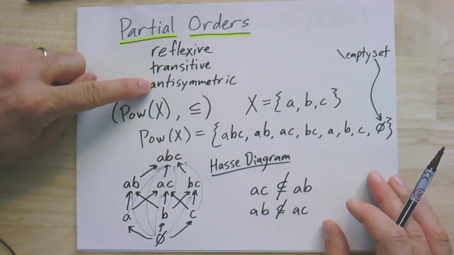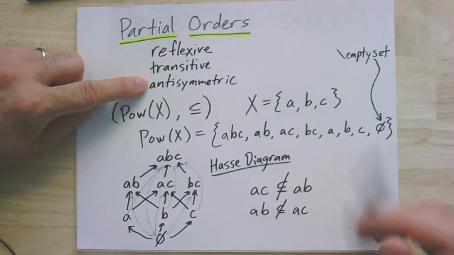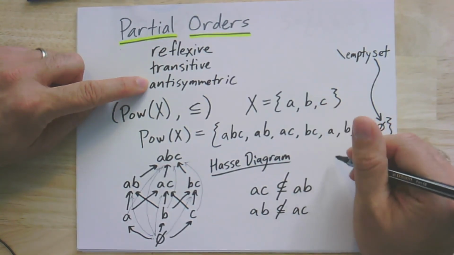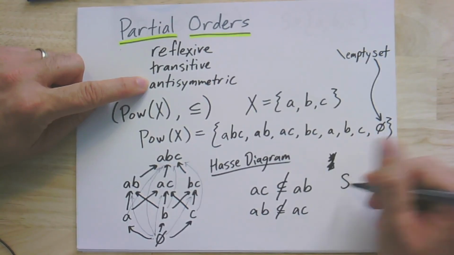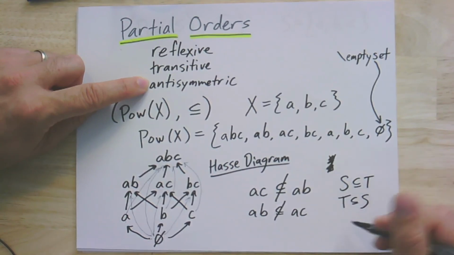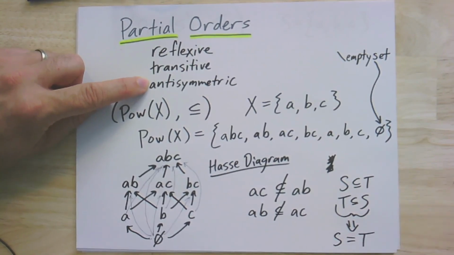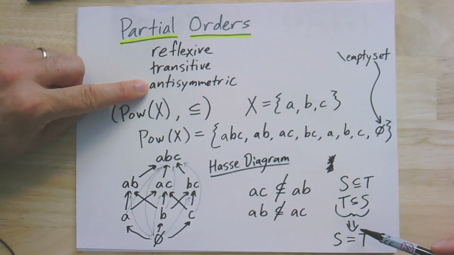And antisymmetry: one of the ways we defined equality for sets, that is to say, if I have a set X, I already defined X, let me pick a new one, let's say I have S, if S is a subset of T, and T is a subset of S, then from these two we would imply that S is equal to T. So that was, in a way, how we think about equality of sets as being subsets in both directions, which is exactly the antisymmetric property.